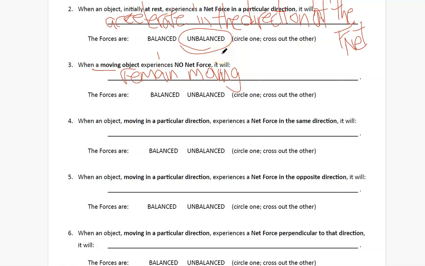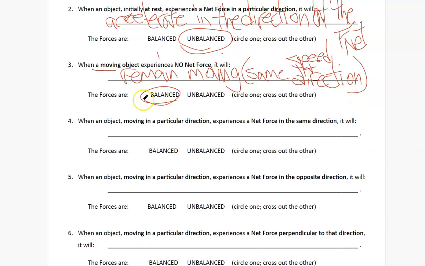Nothing is changing. It'll be the same speed and direction. Another way to say that is the same velocity. Whatever it was doing in a constant way, it will continue to do in a constant way. No net force, zero net force means the forces are balanced. They've canceled each other out.